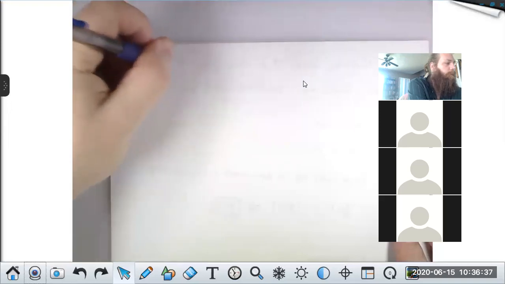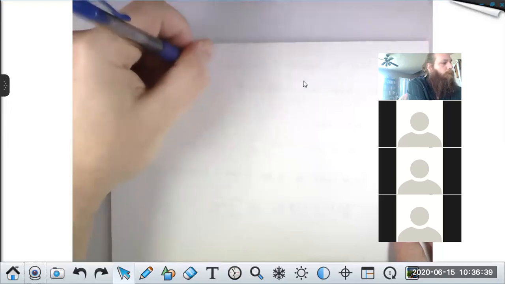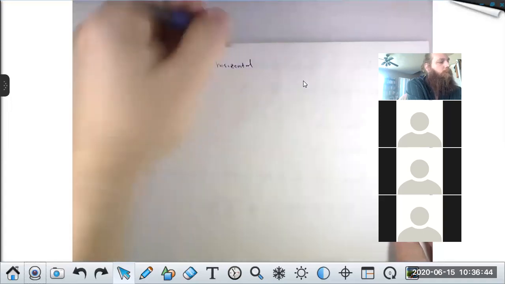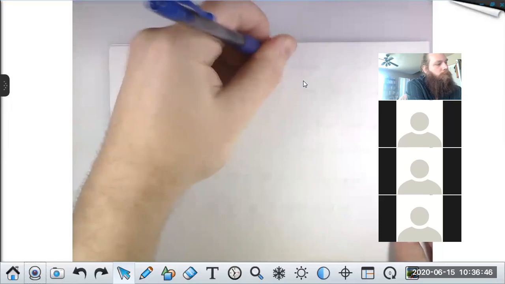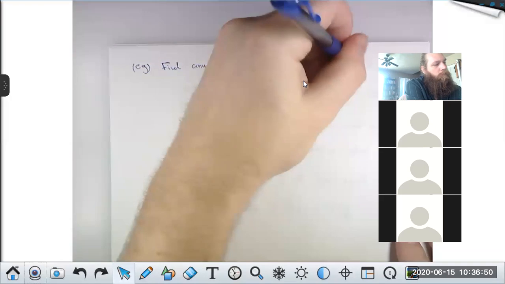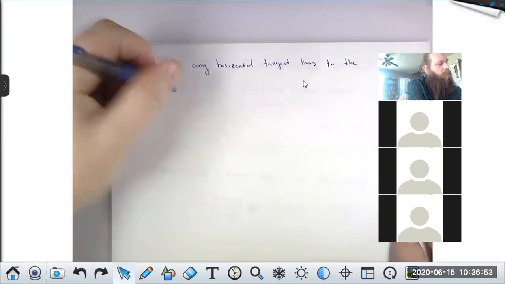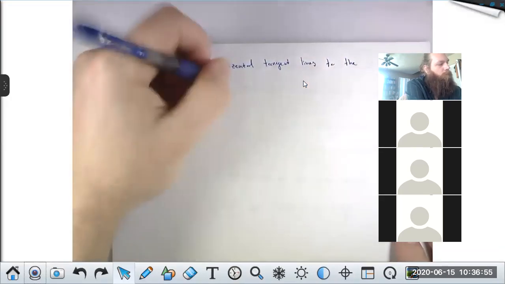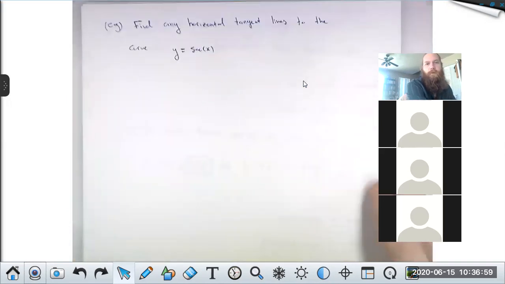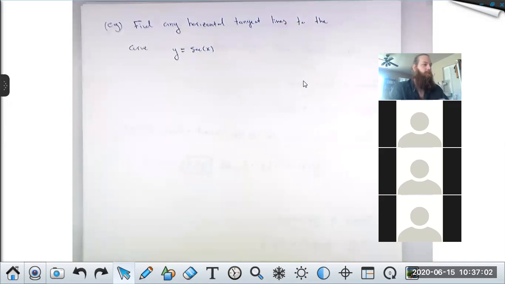Let's find any horizontal tangent lines to the curve y equals secant x. So I bet lots of us don't quite remember the graph of the secant function. Here, since I wrote y equals instead of f of x equals, this would be a good place to use the dy dx notation.